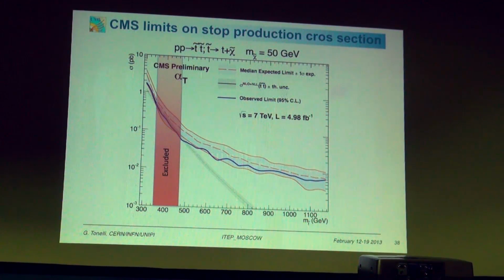So we are really at the beginning. If you remember that we could have a stop up to 2 TeV, we cannot say we don't see the stop, therefore there is no stop. We have to wait. And probably we have to wait for the new run of the LHC, because working at 13 TeV will be extremely beneficial for this purpose.